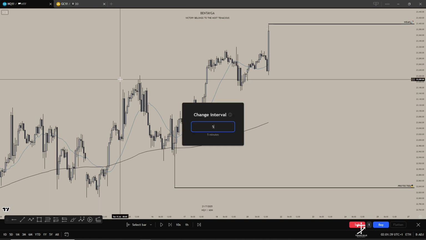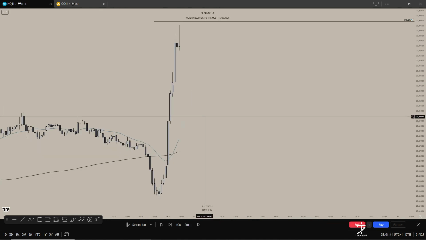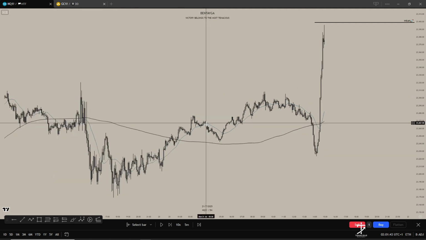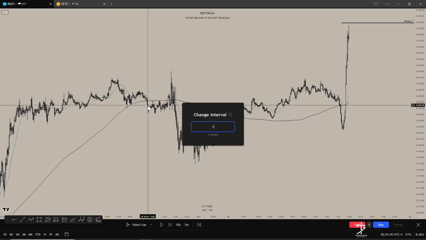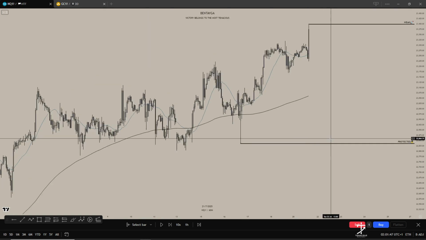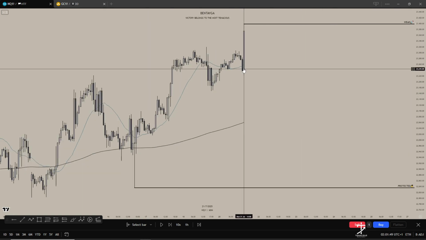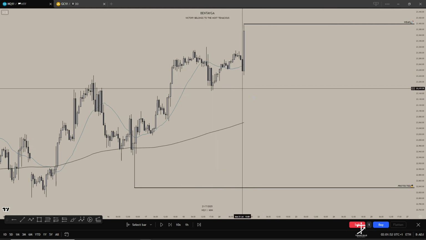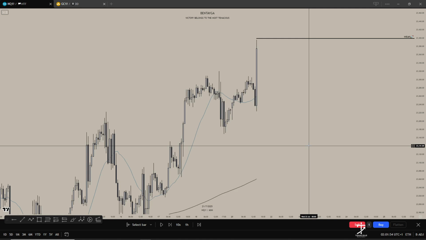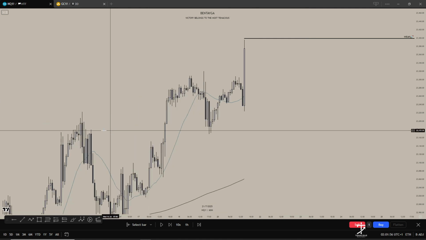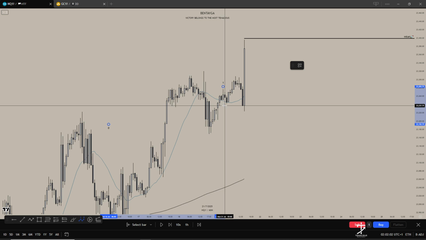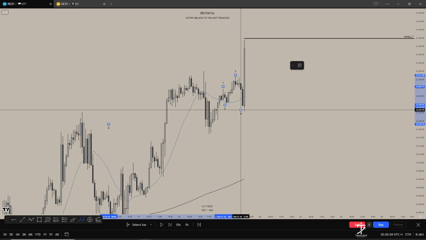And when I go down to my 5 minute time frame, obviously we had that strong move up. But looks like price is tapped into this SNDR. So you could always have it as one, two, three, four, five.